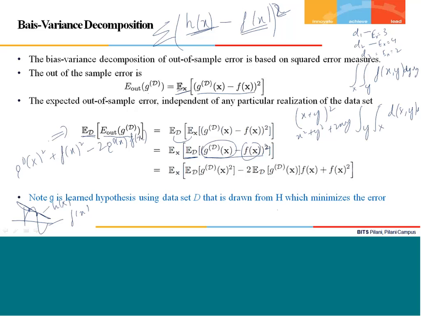And this expected value is linear. If you have two random variables x plus y that are linearly combined, you can write E[x] plus E[y]. This is the sum rule of expectation. So because this is the expectation over D, you can go one by one over it, E_D of this, E_D of this.